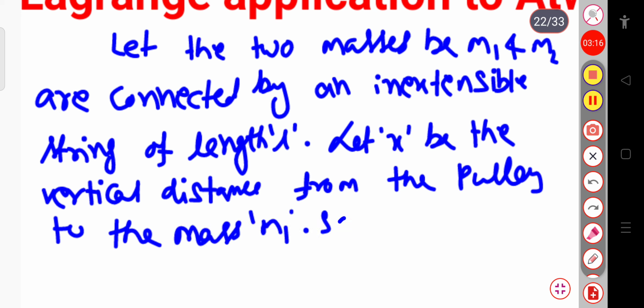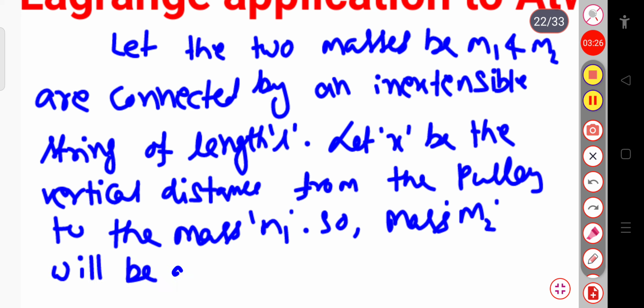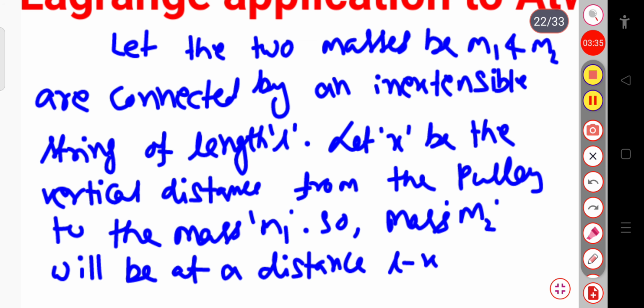So the mass M2 will be at a distance L minus x from the pulley.